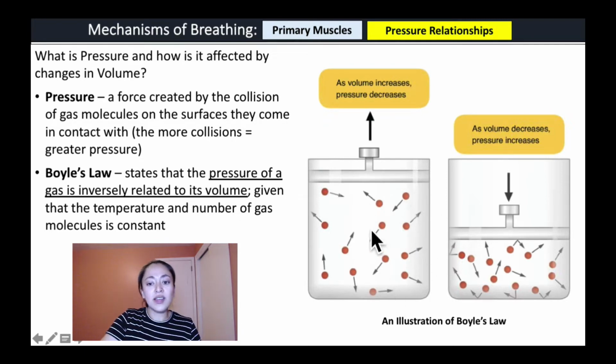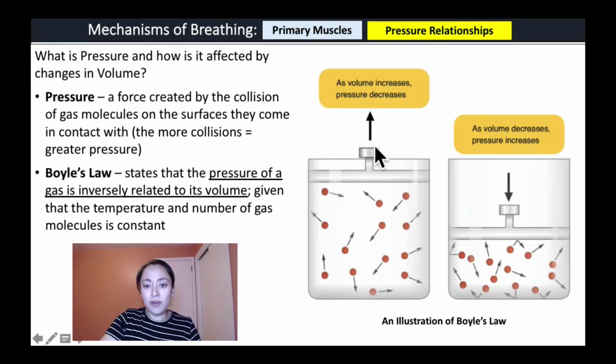So both of these containers contain the same amount of gas molecules. However, if I increase the volume, so I pull this piston up, what's happening now is that the volume has increased, the gas molecules have more space to move, and they collide with the surfaces less. So the pressure decreases. As volume increases, pressure decreases.